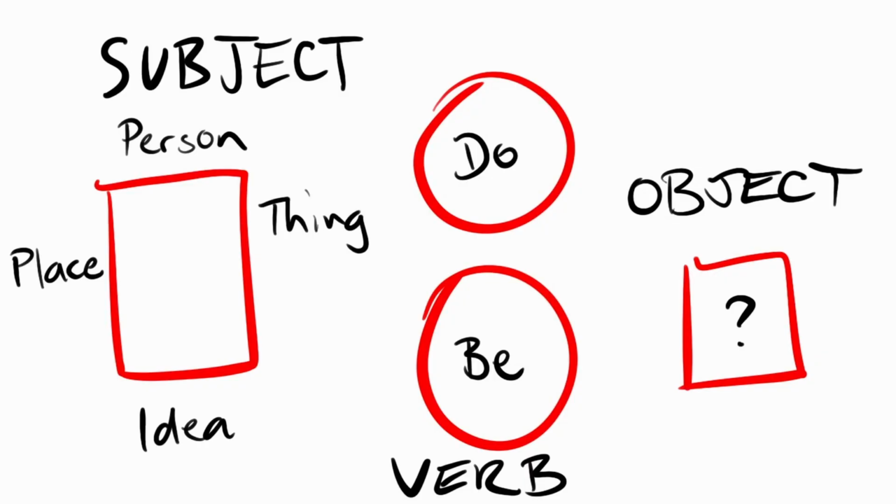We'll be doing an object video later on, but know that the syntax of a sentence, the order of words, or the way in which words are ordered, that's what syntax is, in English will generally have subject, verb, and maybe an object. The object depends on often the verb or what it is you want to say about the subject.